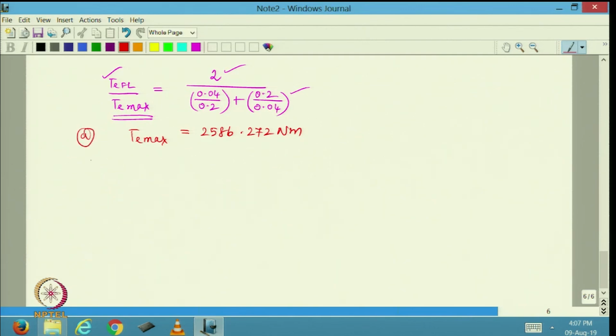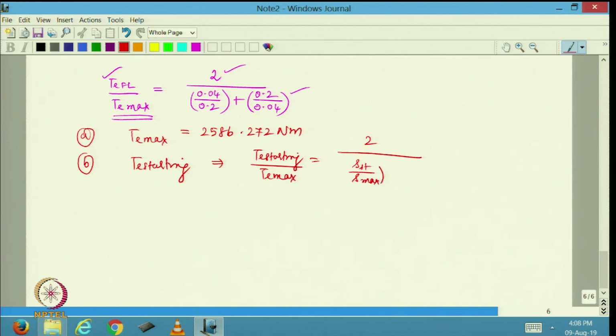Now, the second subdivision that is being asked is what is TE starting. I can write again this expression, TE starting divided by TE max equal to 2 divided by S starting divided by S max plus S max divided by S starting. S starting is 1. So, I should be able to write this as 2 divided by 1 divided by 0.2 plus 0.2.